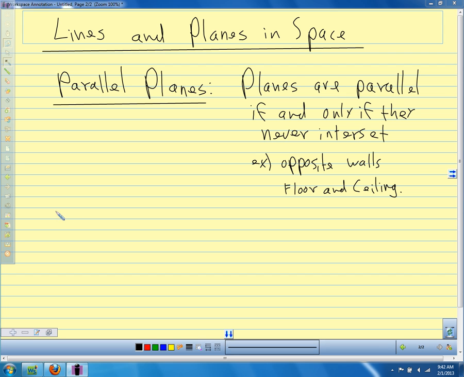Next thing we want to figure out is when a line is perpendicular to a plane. Well, before we go talk about this idea, what do we mean by perpendicular?